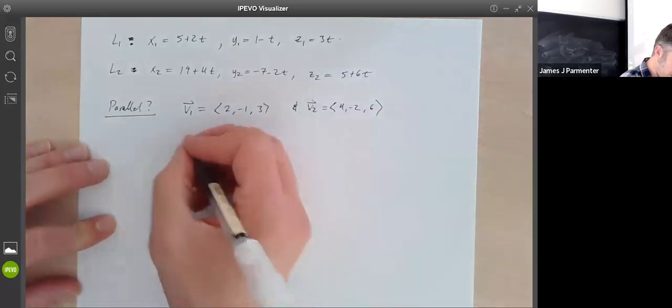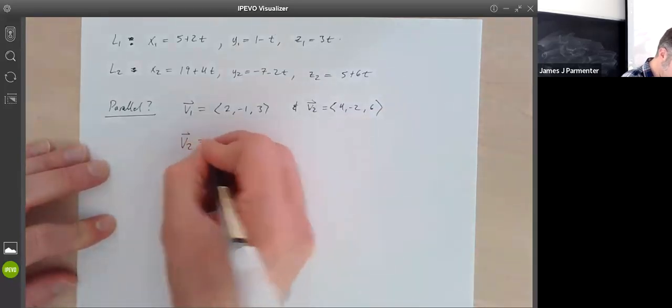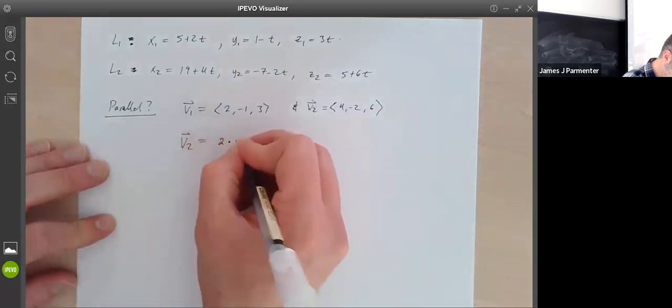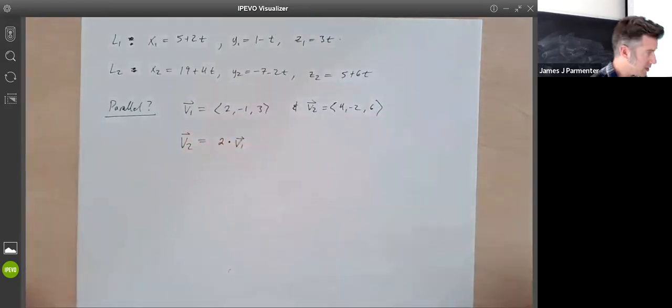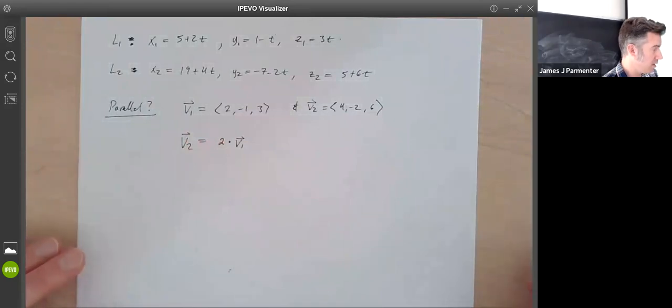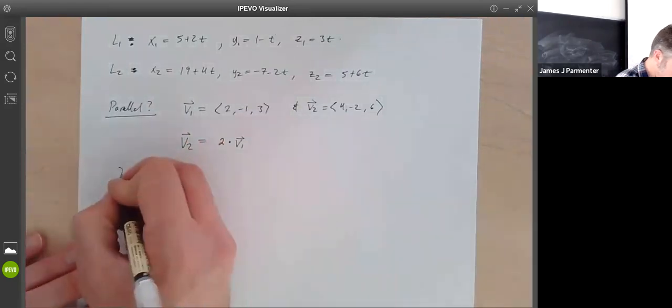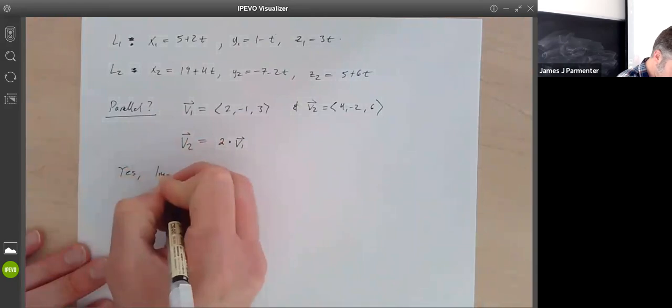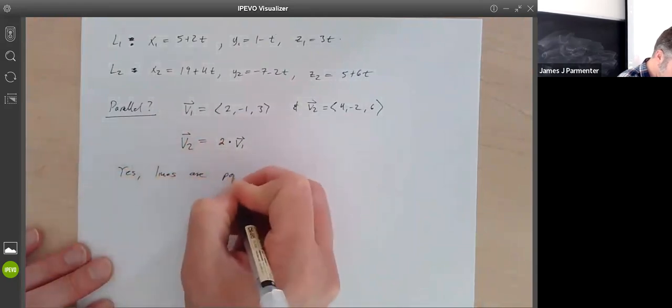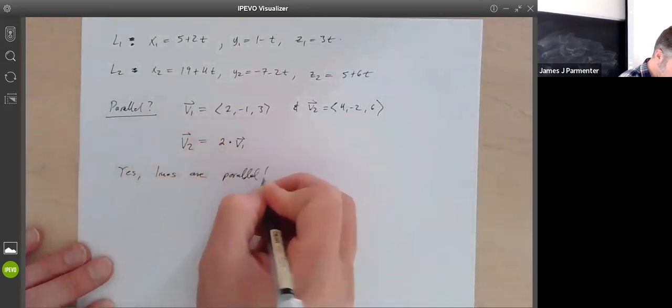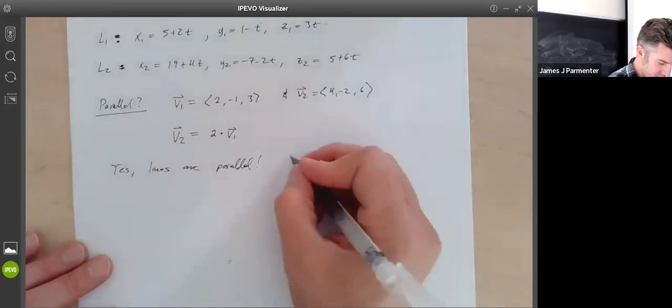And we can see that V2 is a scalar multiple of V1, which is twice V1. If one vector is a multiple of the other, then the lines are parallel, because they're going in the same direction.